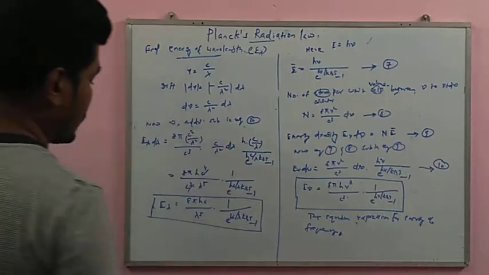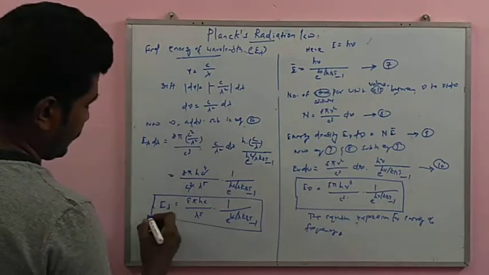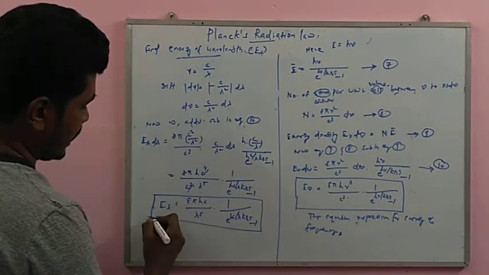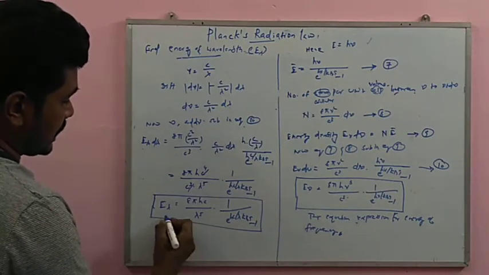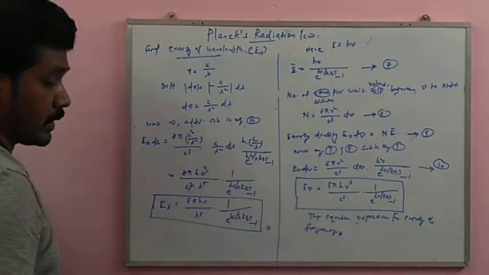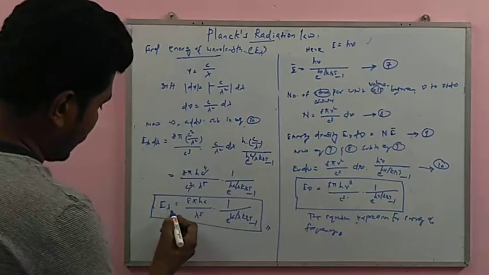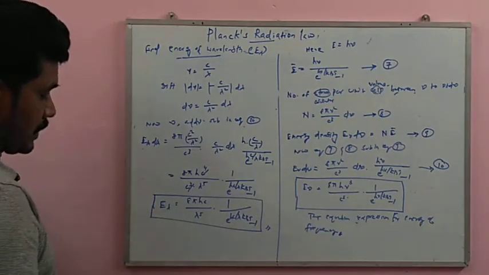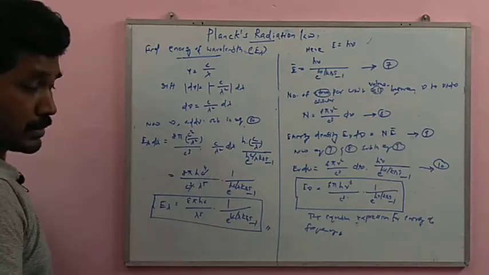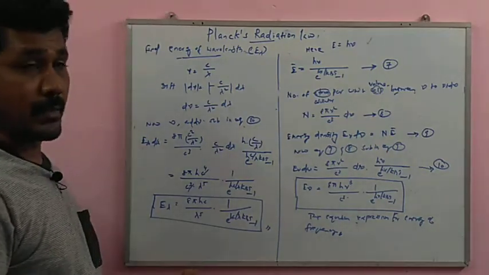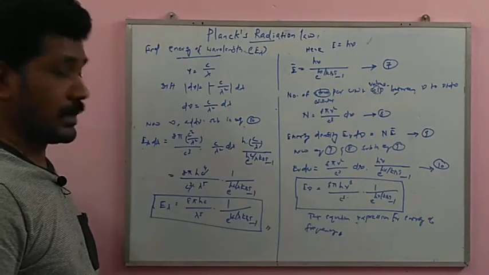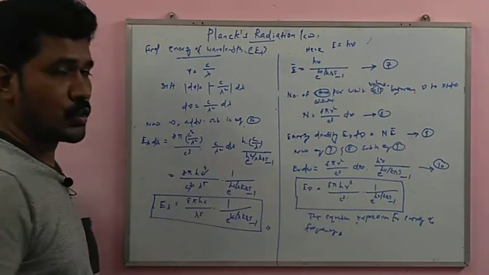So that is the energy in terms of wavelength, the important point of view. This is the black body radiation for the energy of wavelength. Black body radiation is for emitting and absorbing all types of wavelength, so this theory is suitable for all.